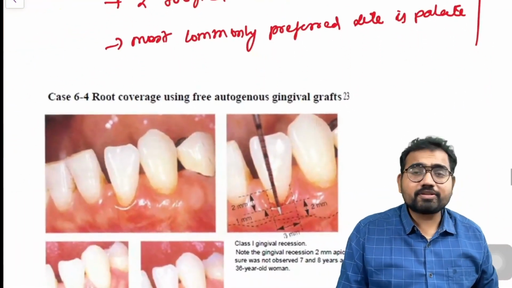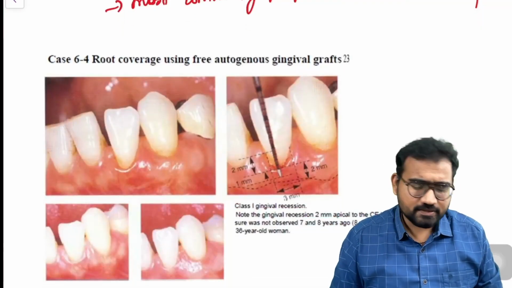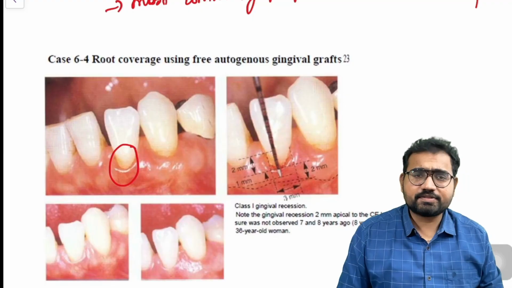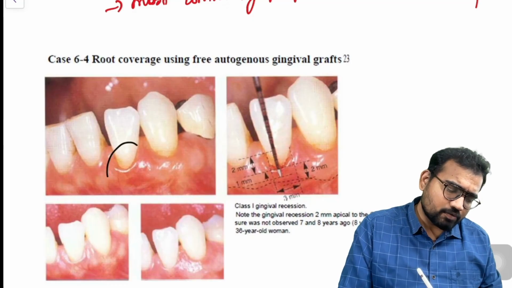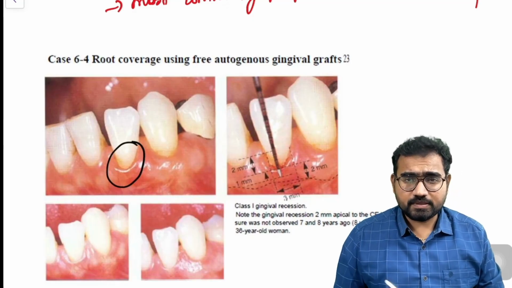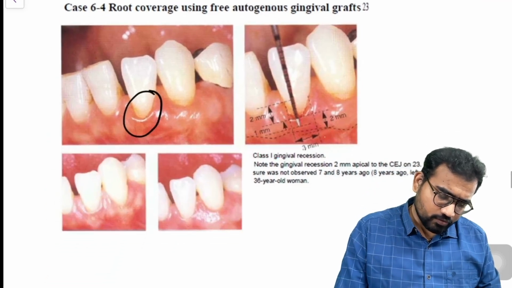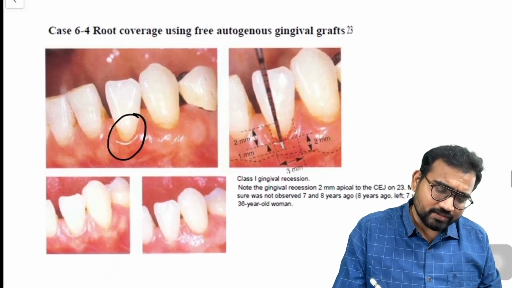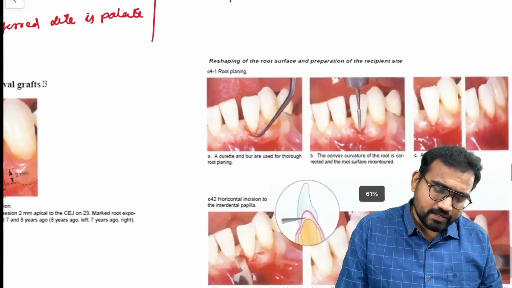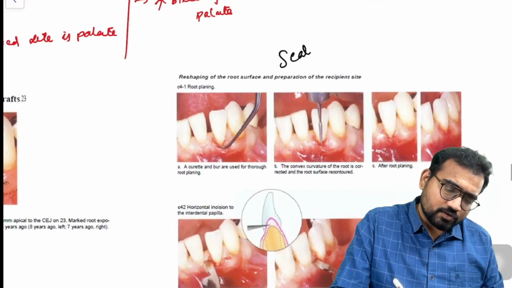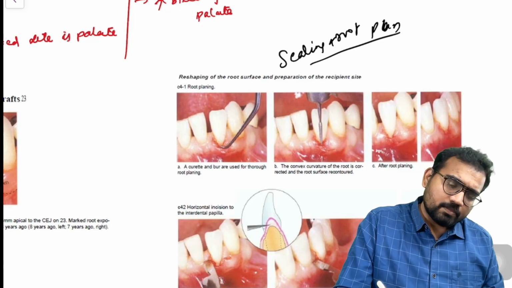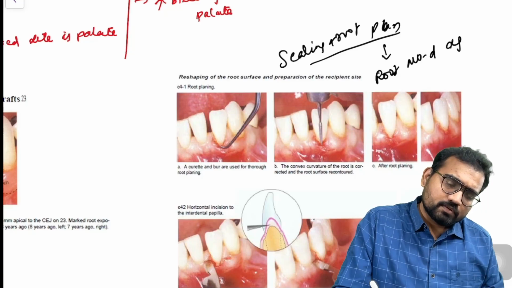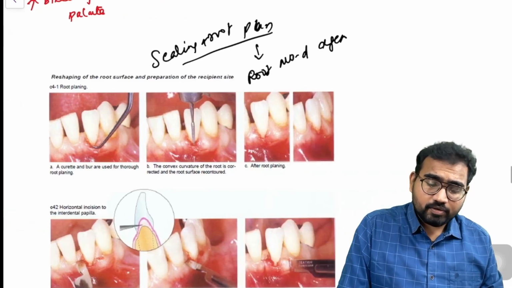Fine, now moving on to the technique, we shall see how it is done. Very simple. So here I see recession. Okay, here I'm able to see probably some 2 mm of recession. So what I'm going to do is a thorough scaling and root planing, which is followed by application of root biomodification agents like citric acid or tetracycline hydrochloride.